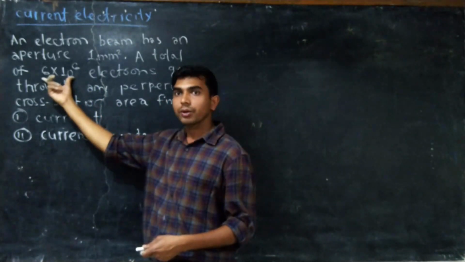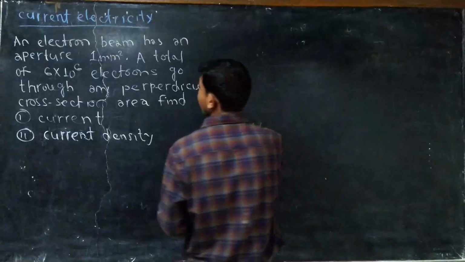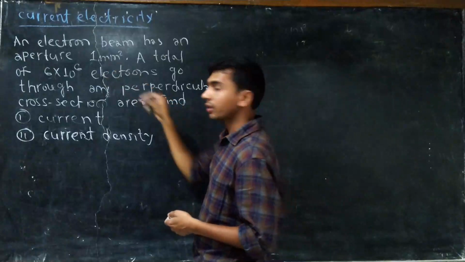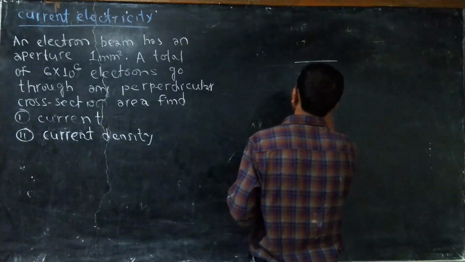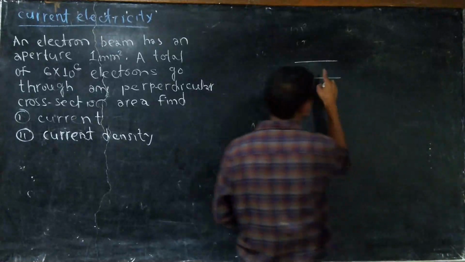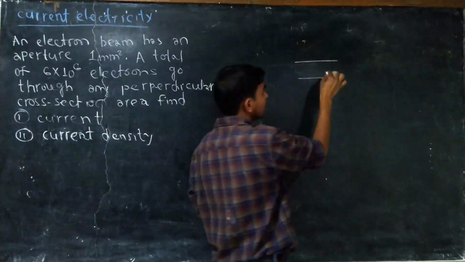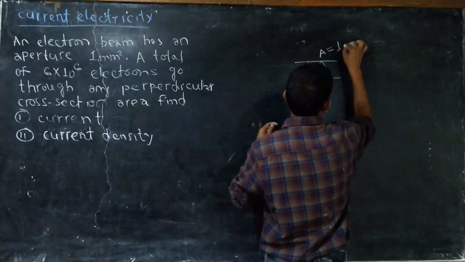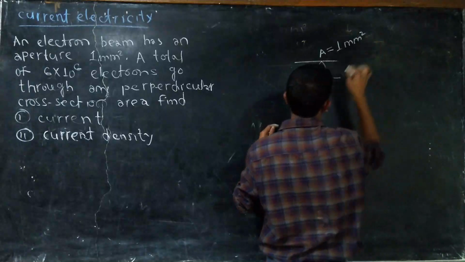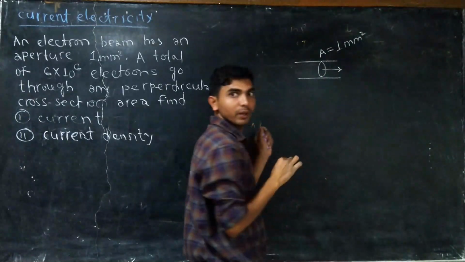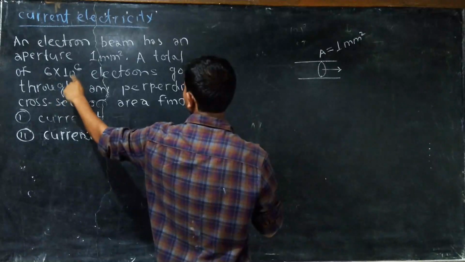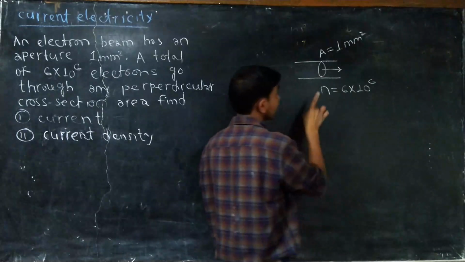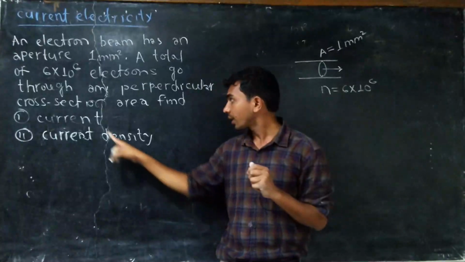Suppose an electron beam has an aperture, and this is your beam of electrons. Electrons are passing through it, and the aperture A is 1 millimeter square. The number of electrons passing is 6 into 10 to the power 6. So n is given, and with these two things we have to find the current.